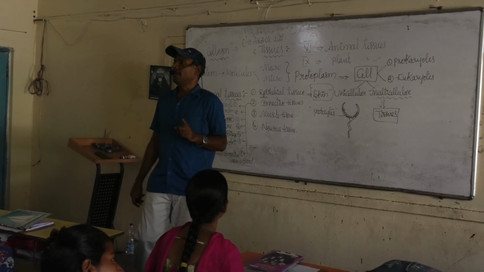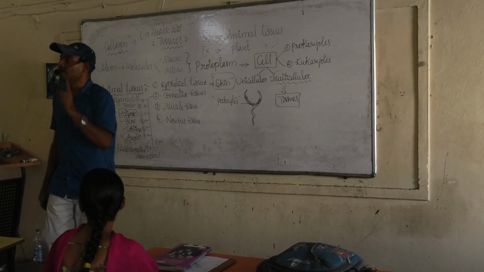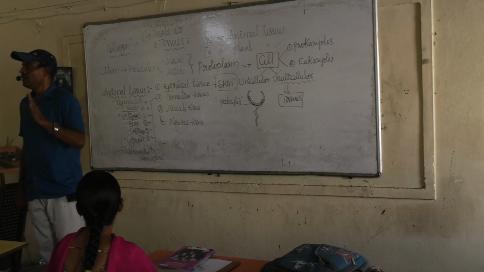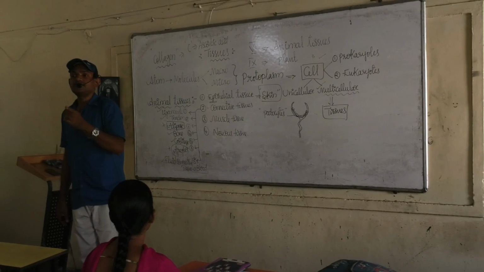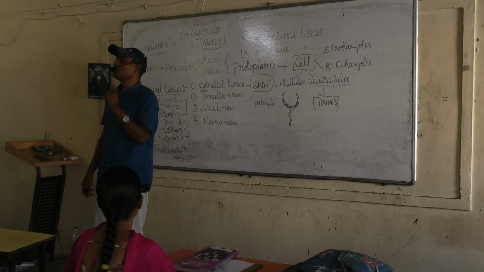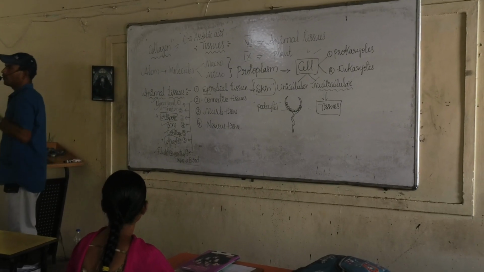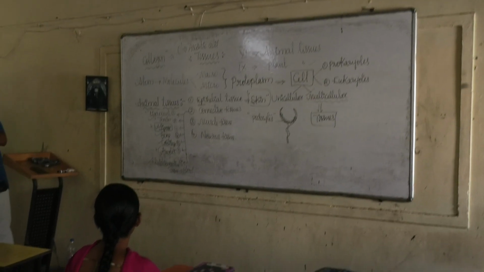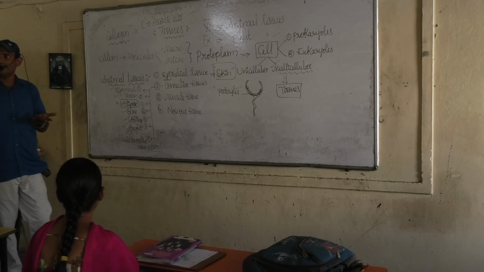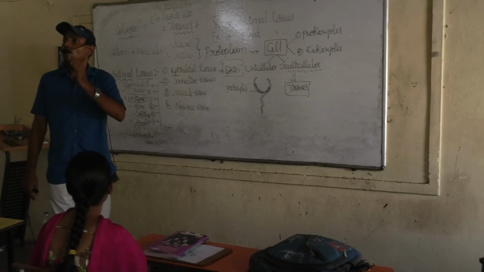Then the study of bone is called osteology. The cells present in the bone are called osteocytes. There chondrocytes, here osteocytes. There the protein is called chondrin, here the protein is called ossin.